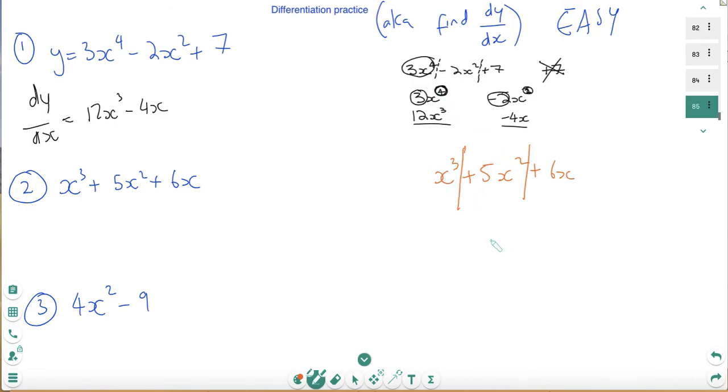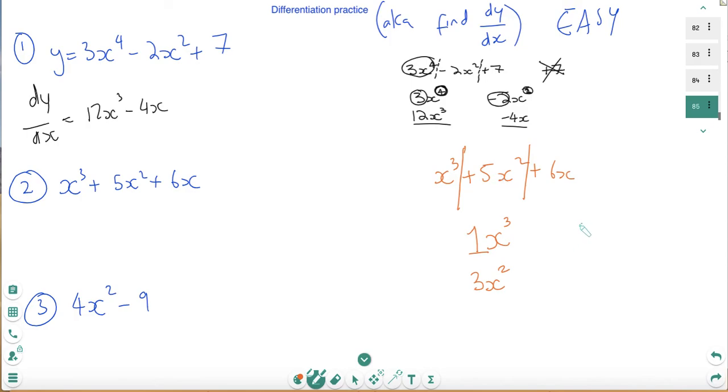So let's look at the first one, x cubed. If there's no number in front of x, guys, what's the coefficient? X just means 1x cubed. So we're going to multiply the coefficient by the indice. So 1 times 3 is 3x, and we'll subtract the indice by 1. So 3 minus 1 is 2.